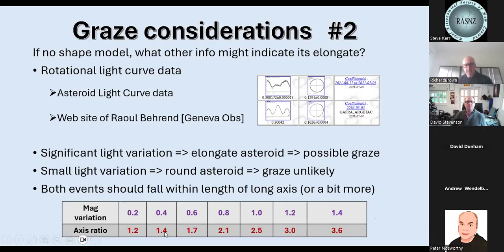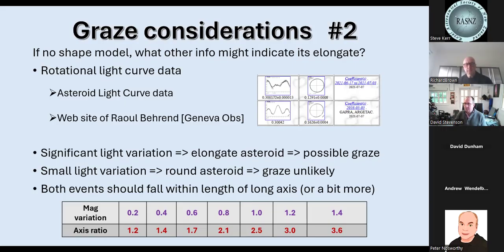So if you've got a 1.0 magnitude variation, peak to peak magnitude variation in the light curve, that suggests that the asteroid's got a length to width ratio of 2.5 to 1, which means graze possibility very high. And of course, you don't know the orientation of that, it's just a straight light curve.